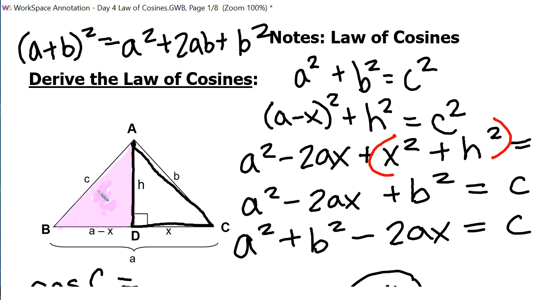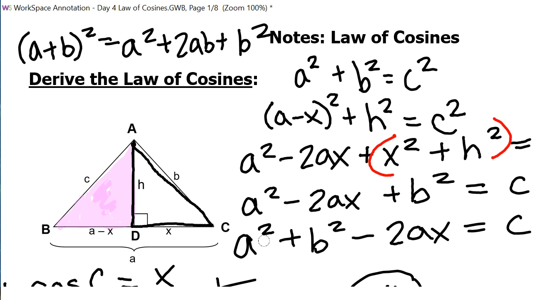So what side is adjacent to angle C? X. And what's the hypotenuse for that right triangle? B. Now I want you to take this equation and solve it for x. So if x is being divided by b, the opposite would be multiply both sides by b. So that gives me b times the cosine of c is equal to x.